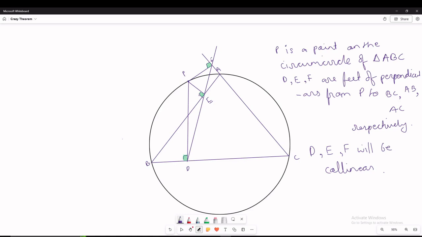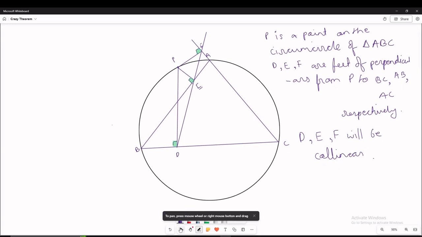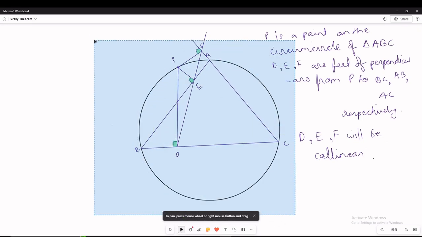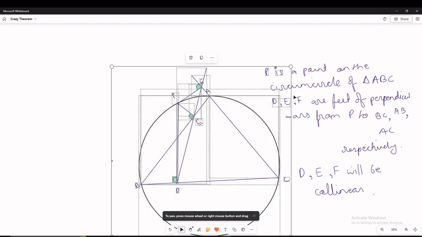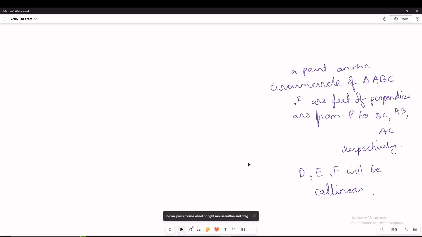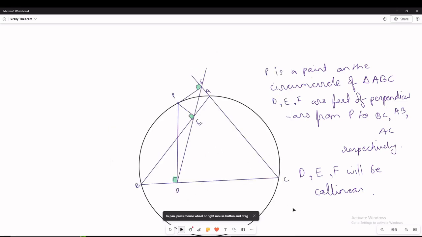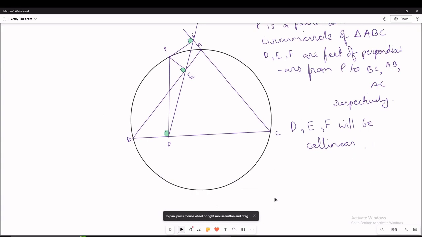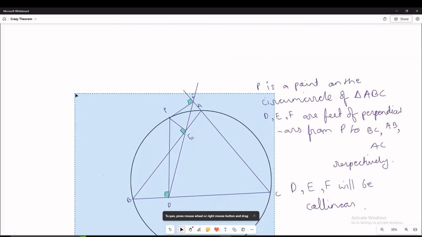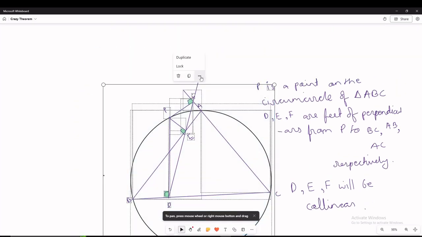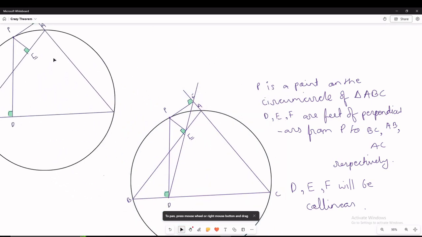Now we have to prove that that happens. So let's start, I guess. Now for this what we can do is we will copy this figure, duplicate it.